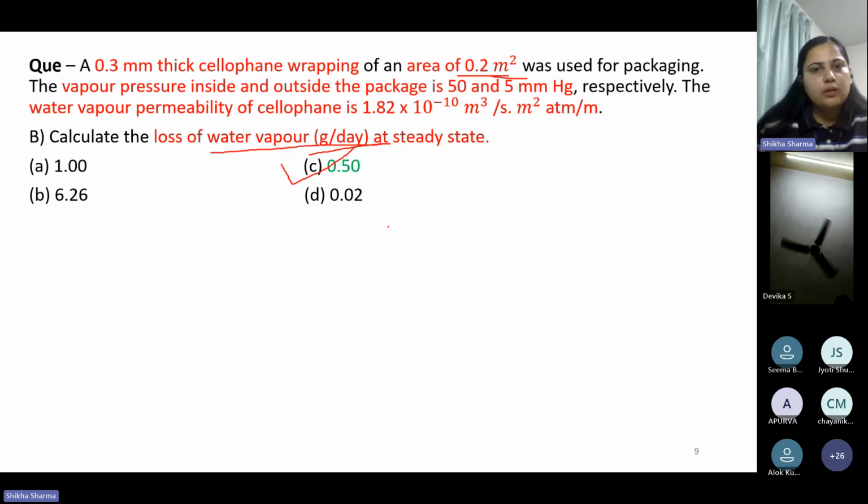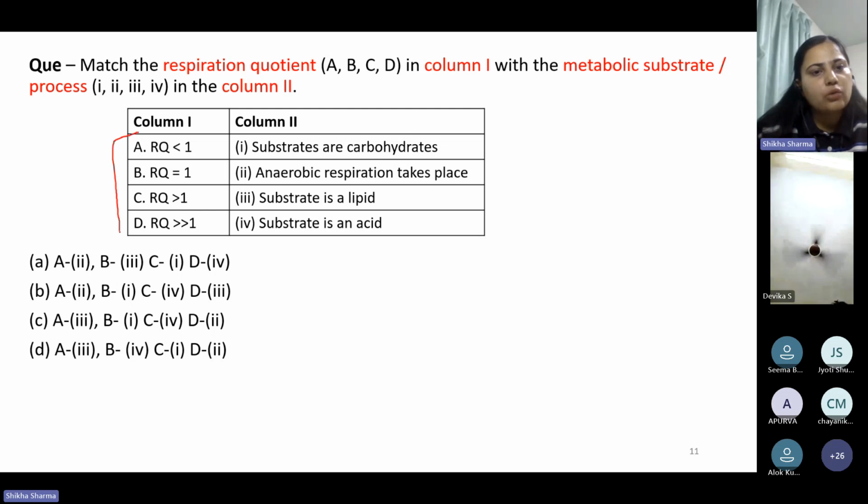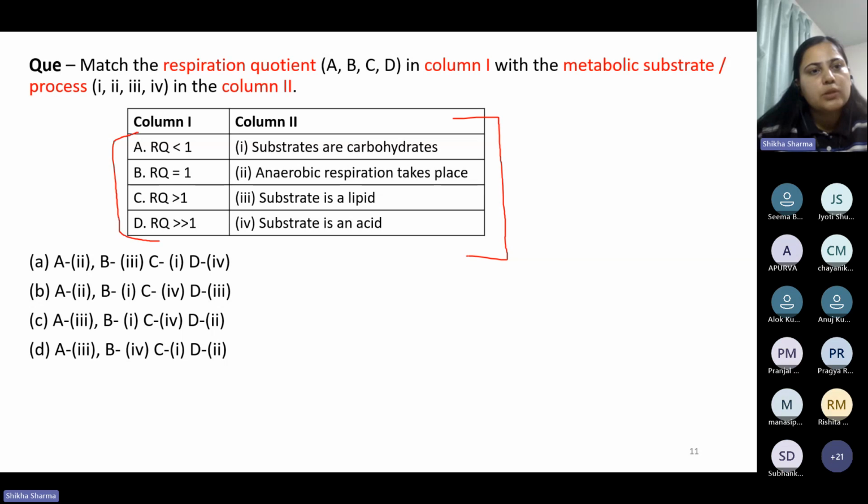Let's move to the third question, which is about the respiration question. So in column 1, there are 4 RQ values, and we need to tell in column 2 the related metabolic substrate or the process.